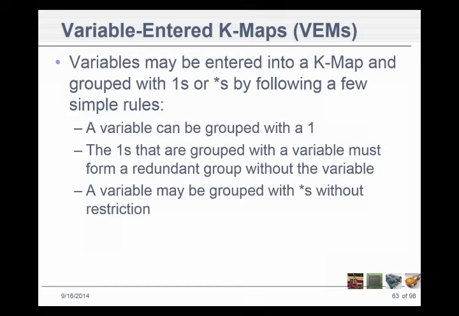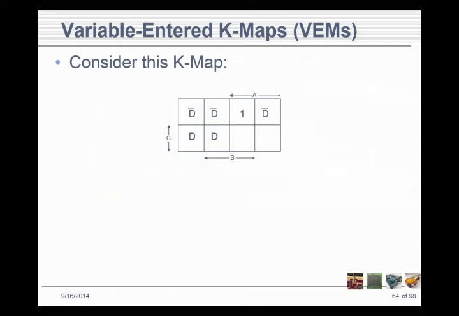The ones that are grouped with a variable must form a redundant group without the variable. I might not be able to get the words out, but I know what's going on here. And a variable may be grouped with don't cares without any kind of restriction. So let's see what that means. Now we'll go through some examples.